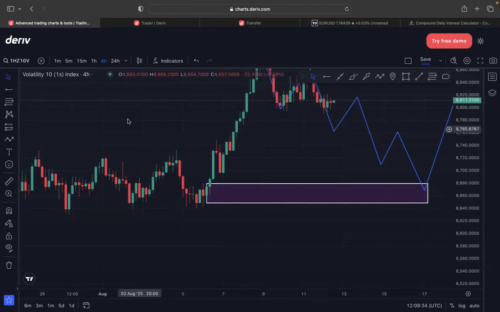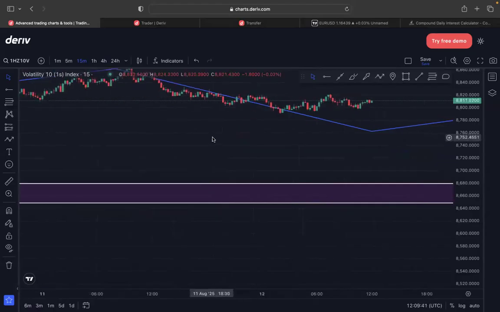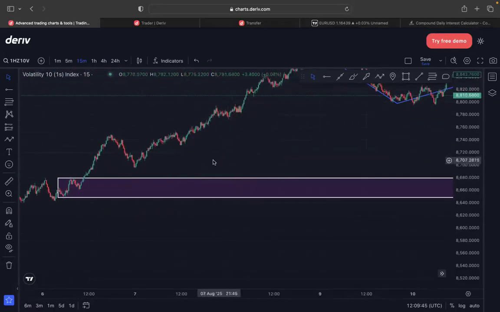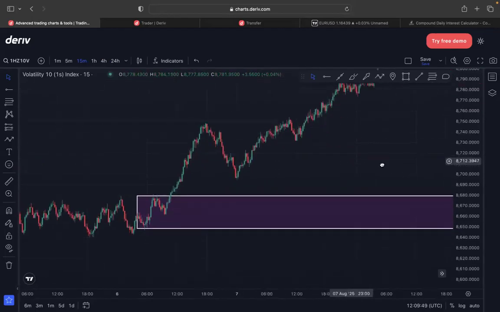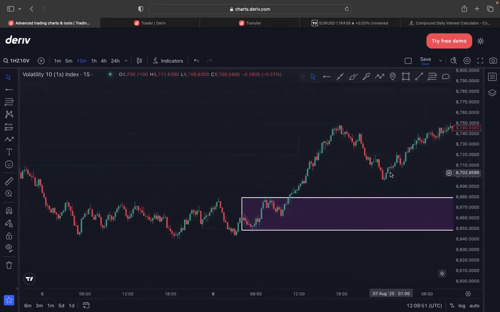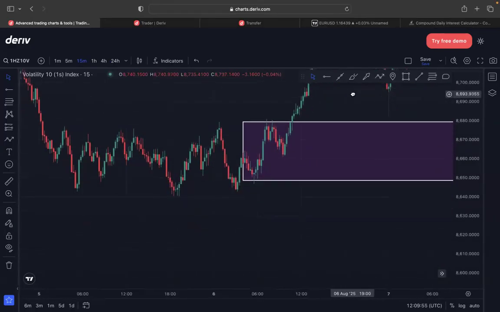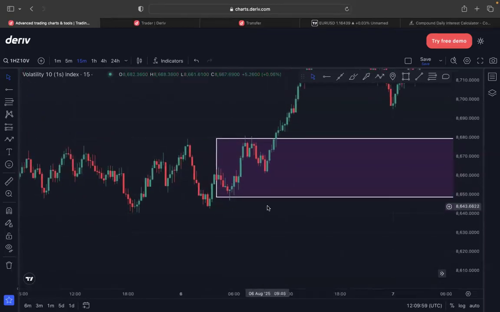Let's even see this one, 4 hours. Let's go down to the 15 minutes. Let's see if there's going to be an order block right there. Now look at this on the 15 minute, right? This is the 15-minute time frame right here. So is there an order block right here? Let me show you. Hold on, let's see.